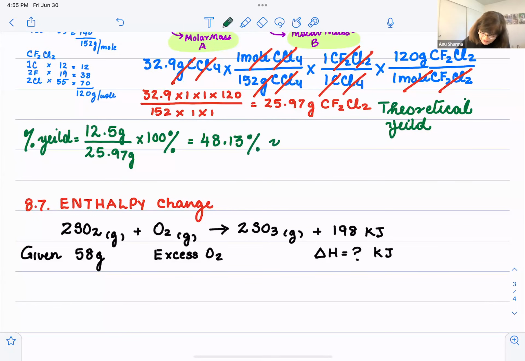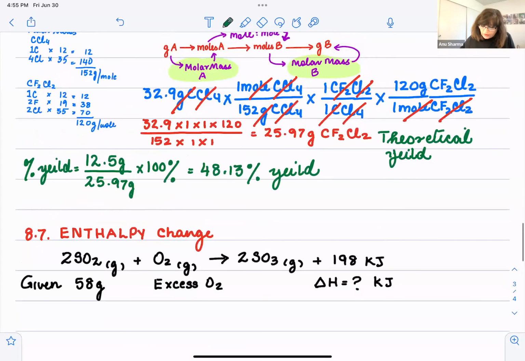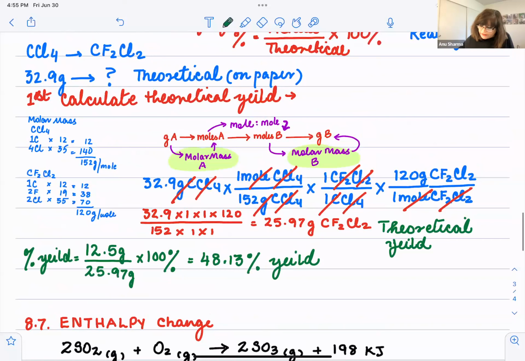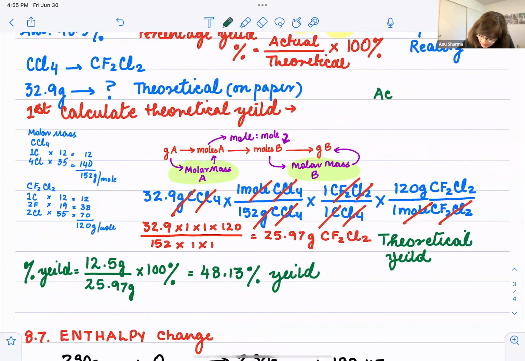48.13% yield. That is the answer. Okay, so that is your percentage yield. Keep this in mind: the actual amount is always going to be lower than the theoretical, because there's going to be some productivity loss.